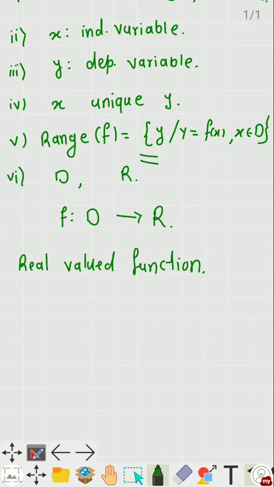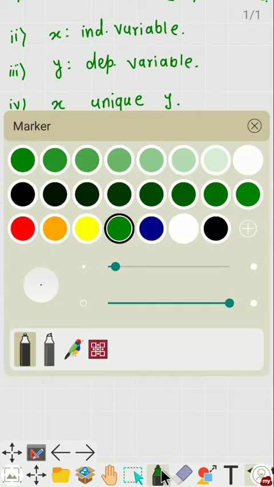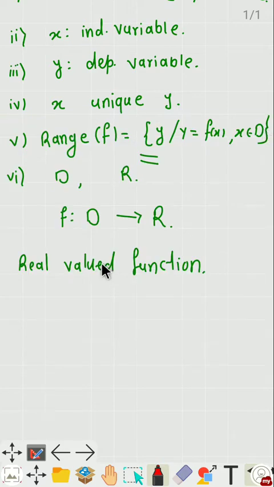Now we see some standard mathematical functions. Why are we studying functions? Because they are very much useful in economics, business and commerce. That's why it is necessary to study functions.